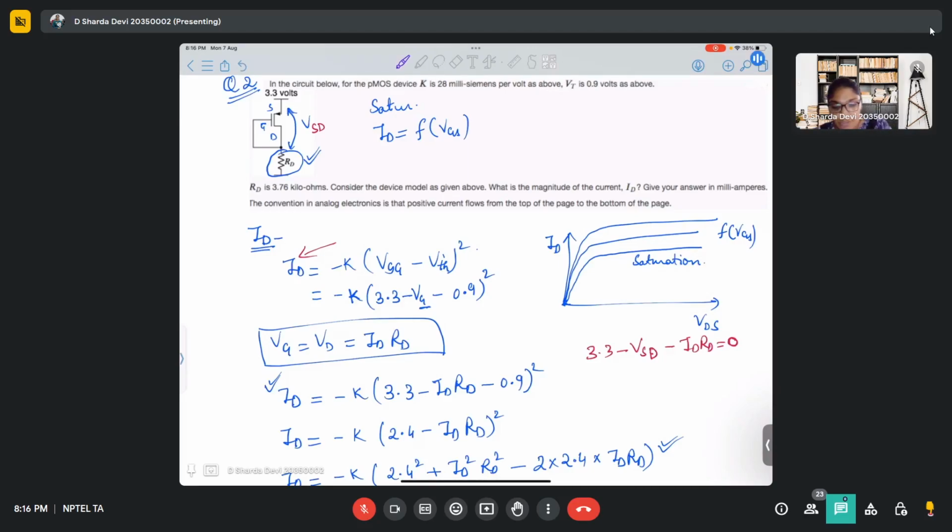But see, the moment you turn on your VDD, there will be certain drop across this transistor, certain drop across this resistor, which will set up your circuit in a certain way that you will see a constant current flowing through this, which is basically a stable condition, because of the value of this resistance RD.